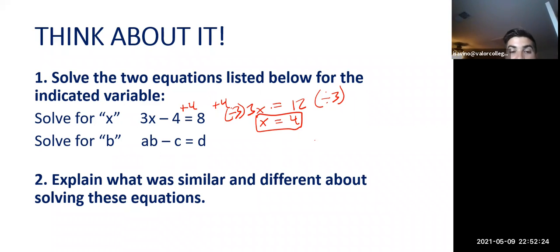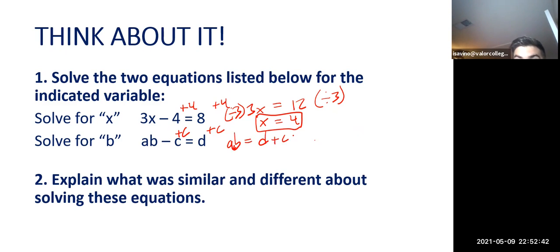As you can see, we start off with adding c on both sides, just like we did with 4. And this ensures that we're taking the right method to solving this equation. So now we have ab equals d plus c.